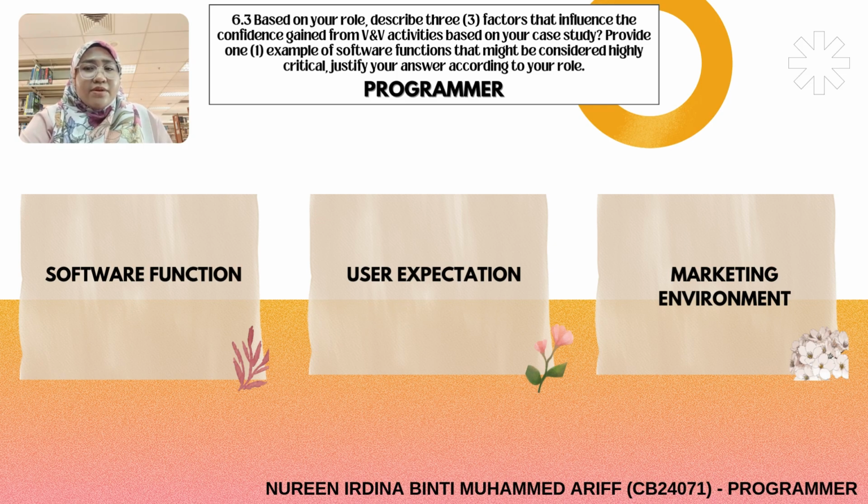The more competitive, the more pressure to get new features out quickly, which can result in a lack of proper testing. But if the marketing strategy focuses on quality and reliability, then more resources will be devoted to V&V, thus leading to exhaustive testing. Knowing this balance builds confidence that the software will do well in the market.